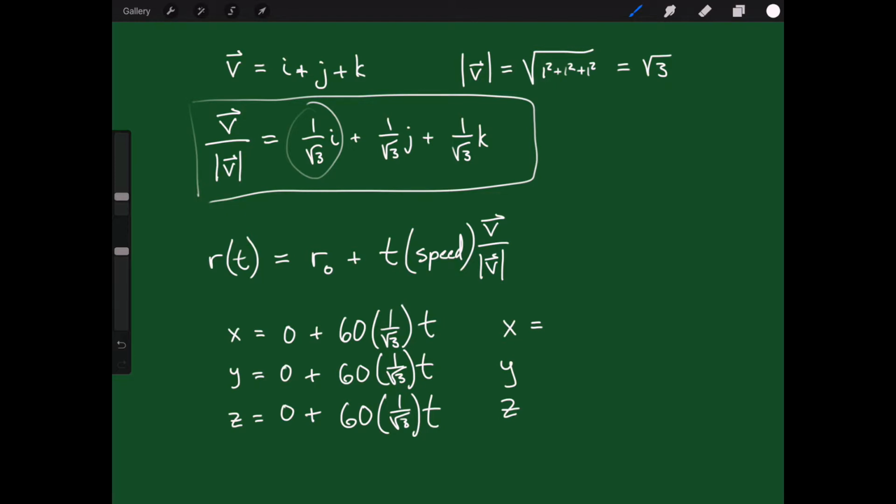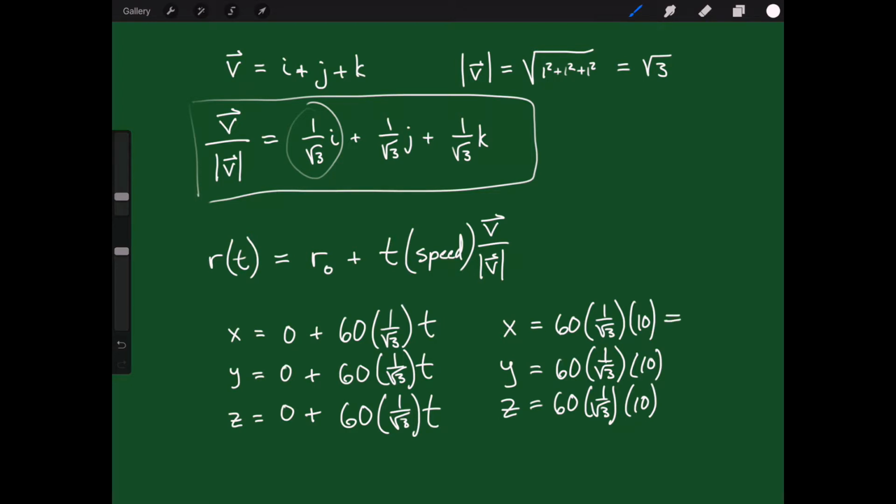Well, it's going to be 60 times 1 over square root 3 times 10, 60 times 1 over root 3 times 10, and 60 times 1 over root 3 times 10, which is, let's see, 600 over root 3. Is there a better way of saying that?